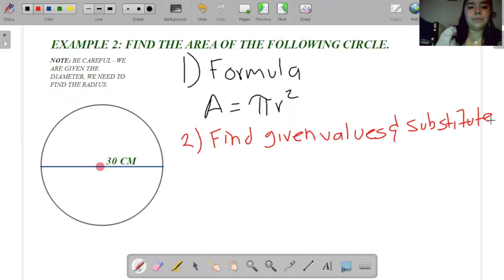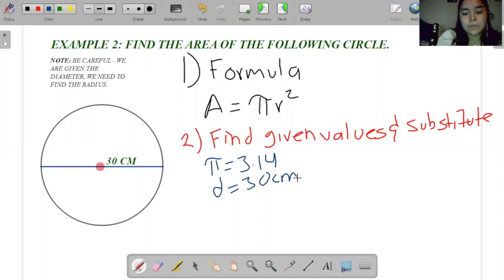So the first value that we know is that pi is approximately 3.14. And here they're giving us the diameter. The diameter is 30 centimeters.